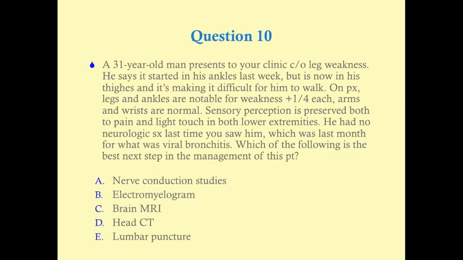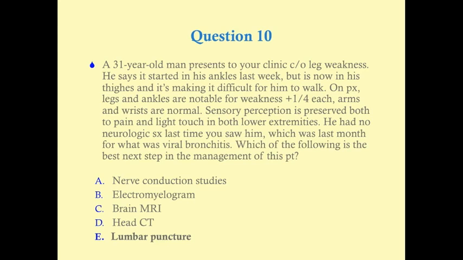All right, the answer here is E. Lumbar puncture. So this is a patient who's got weakness. It's symmetric weakness, and it is in the ankles, and then now it's in the thighs. This is an ascending symmetrical weakness.